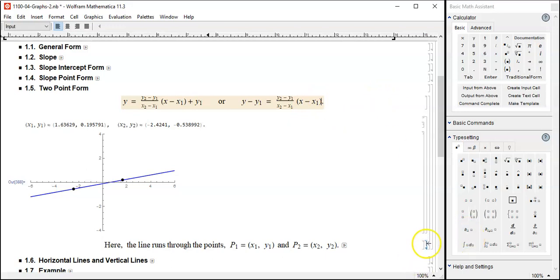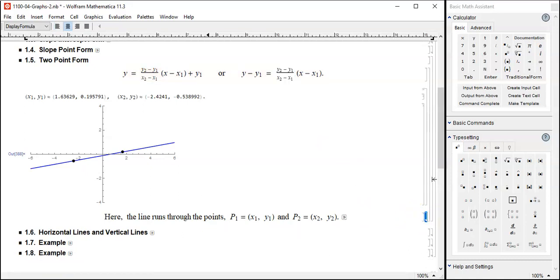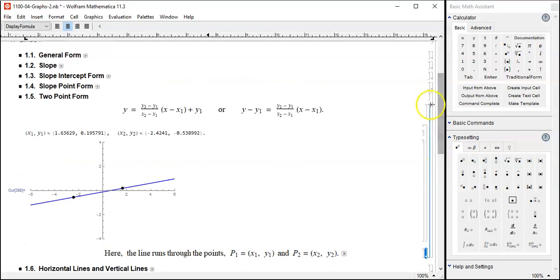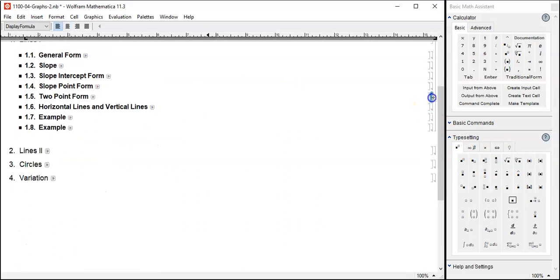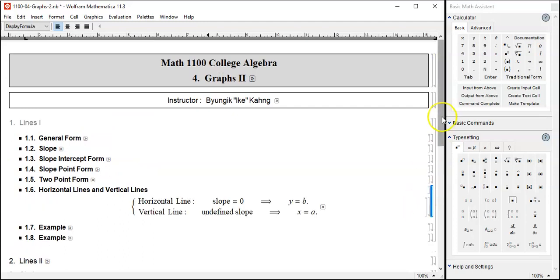The slope here is delta y over delta x, or y2 minus y1 over x2 minus x1, right here. And the line is running through the point (x1, y1). So we have the slope according to the slope formula and the point (x1, y1), so you can apply the slope-point formula for that. But in any case, we got through this 2-point form.